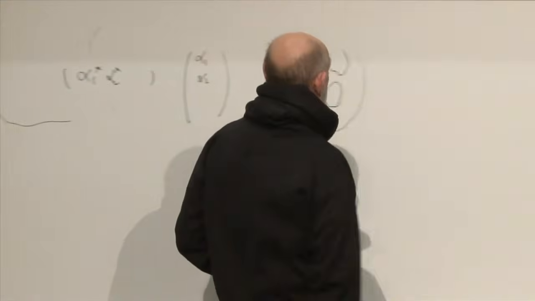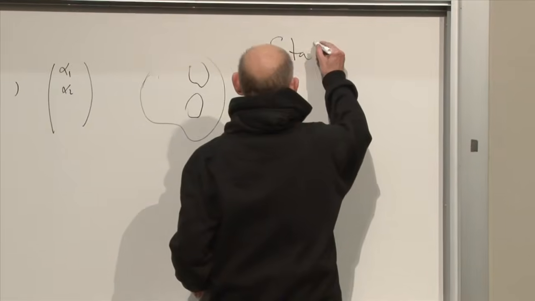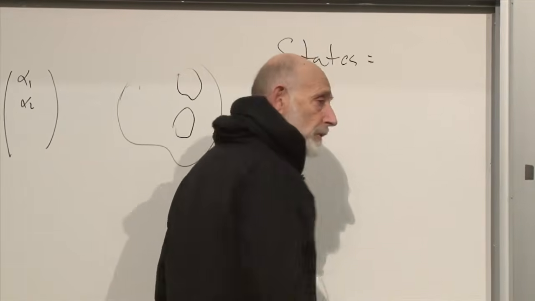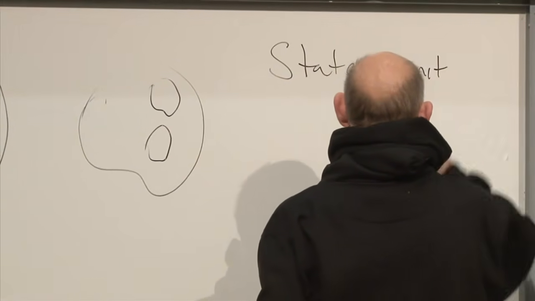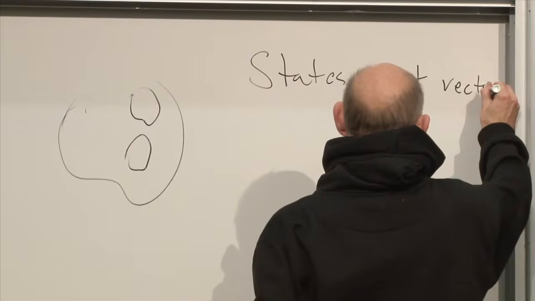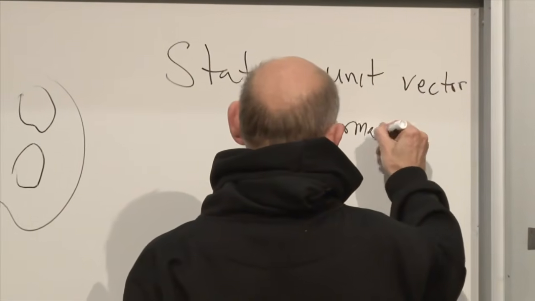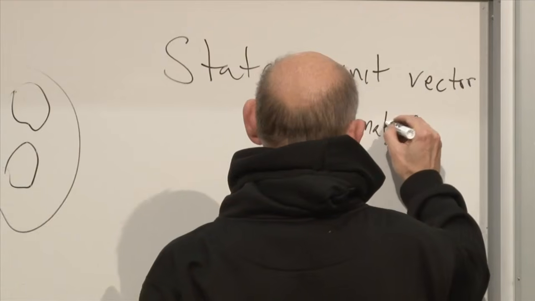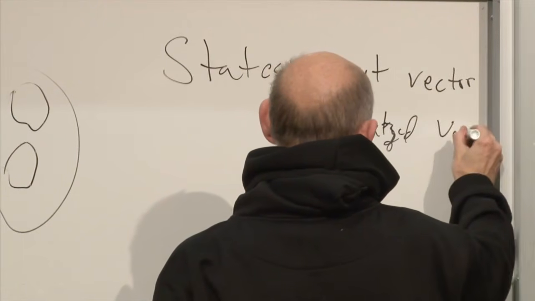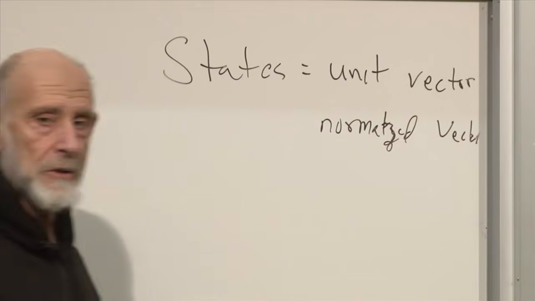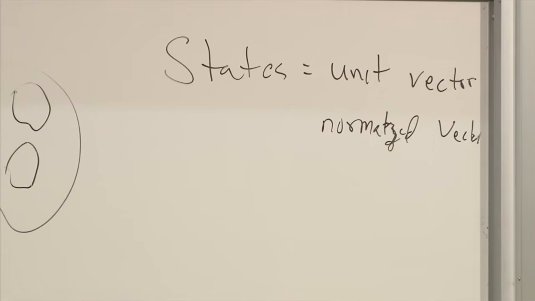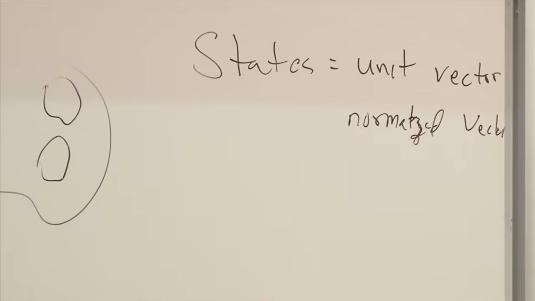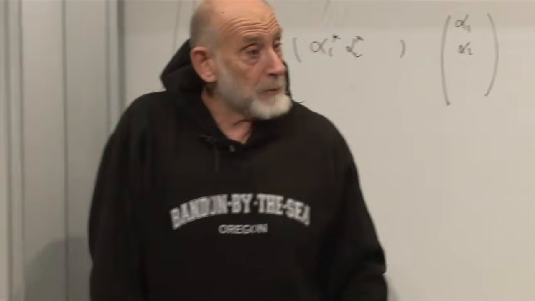So states are not only vectors in a vector space, but they're unit vectors. The other term for unit vectors is normalized vectors. Normalized is another word for unit. So all physical states, all states of what you can do to that electron spin or to anything else, correspond to unit vectors.